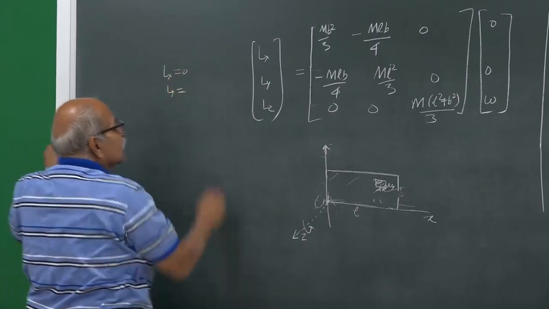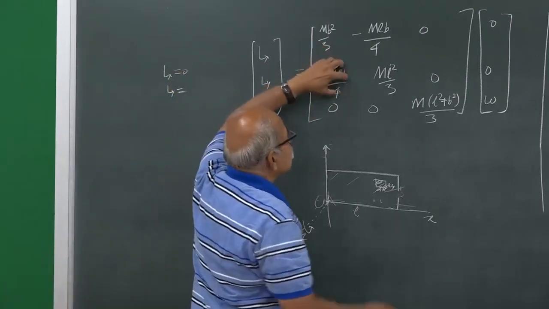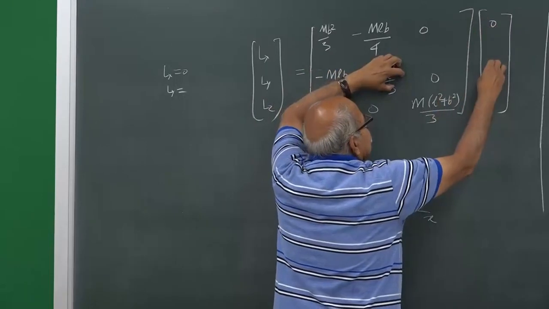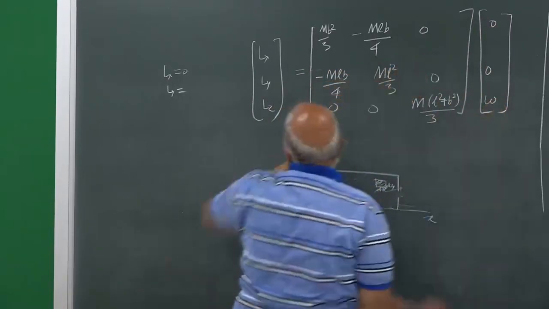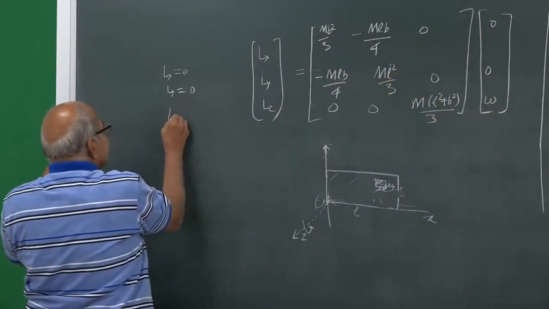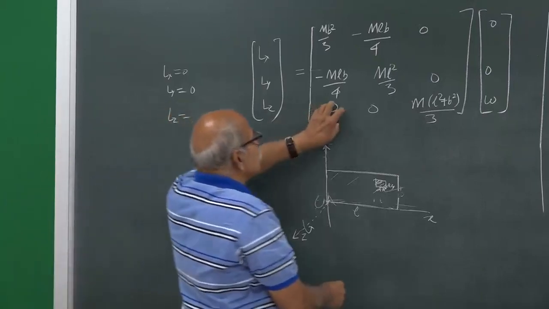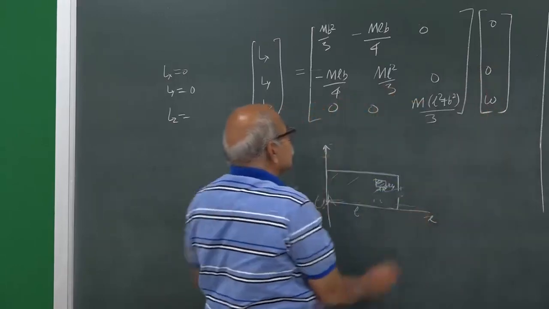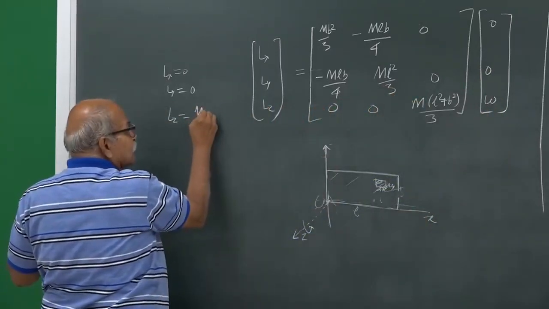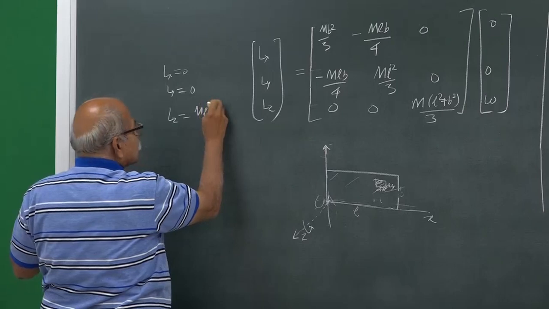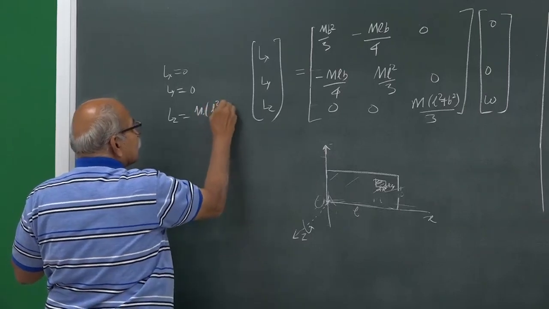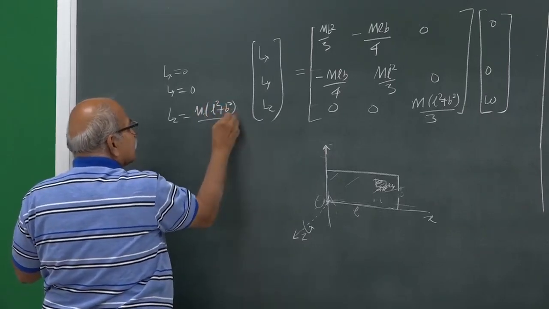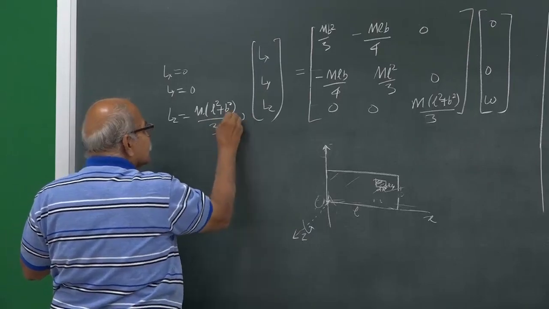Ly: this into this 0, this into this 0, this into this 0. So, Ly is also 0. Lz is this into this plus this into this plus this into this. So, this is m (L square plus b square) divided by 3 and then omega.